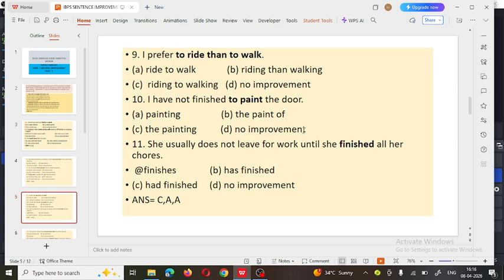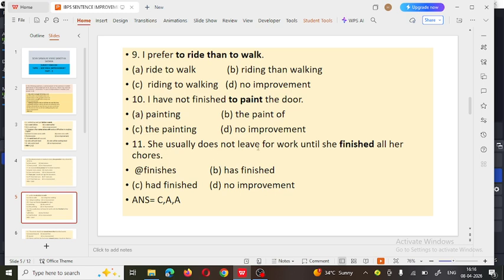Until is the conjunction used in the sentence. The first part of the sentence is in simple present tense, so accordingly the second part should be there. But here, she finished all her chores. Finished, ed is used with the verb and it indicates simple past tense, and that is wrong. So what should be there? Finish and finishes. So option A is correct here.